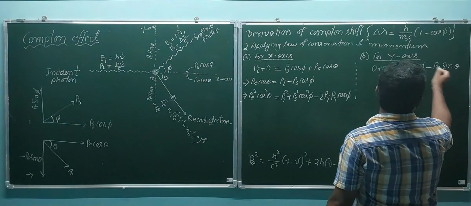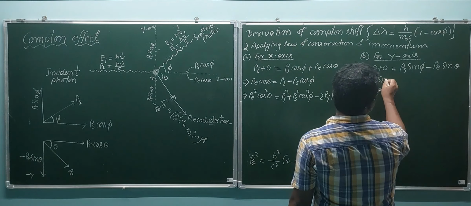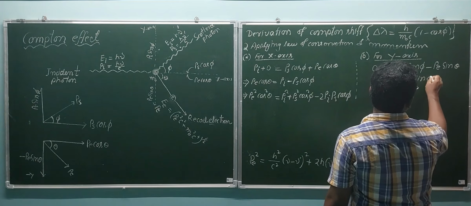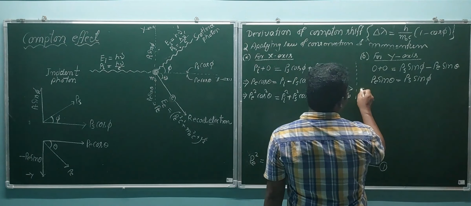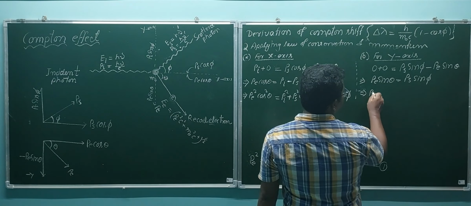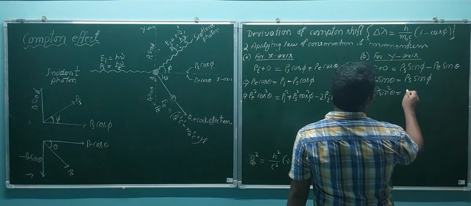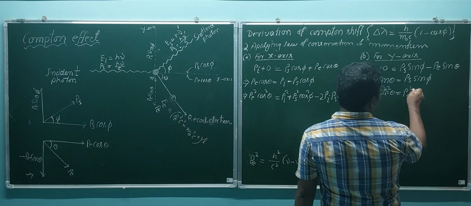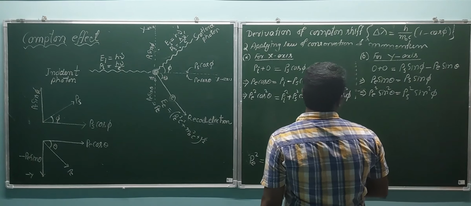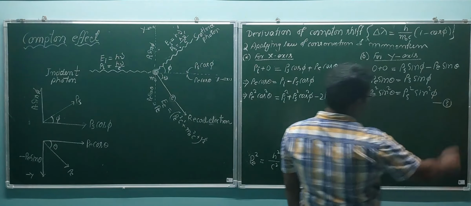On this side, pe sine theta is equal to ps sine phi, squaring both sides, pe square sine square theta equals ps square sine square phi. So this is equation number 2. This is equation number 3.